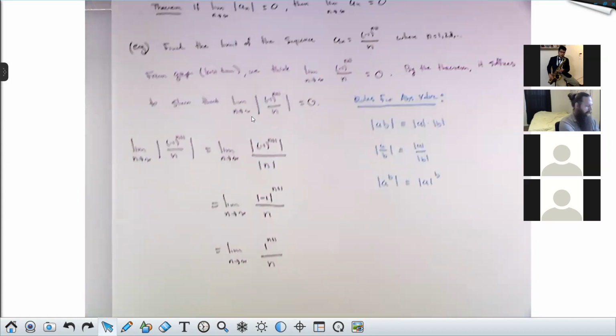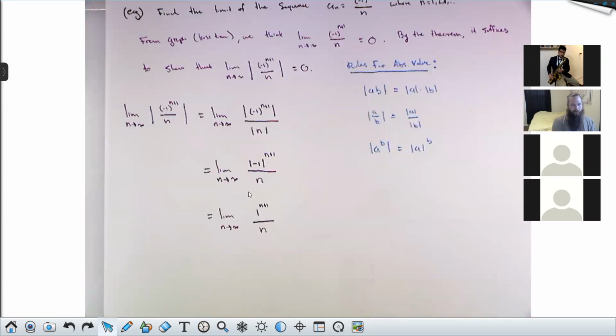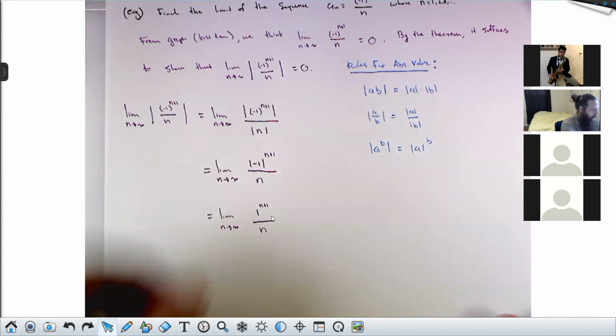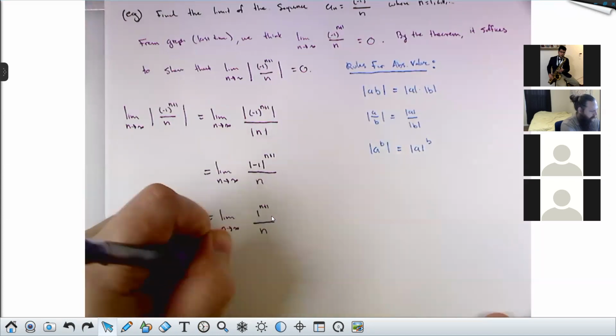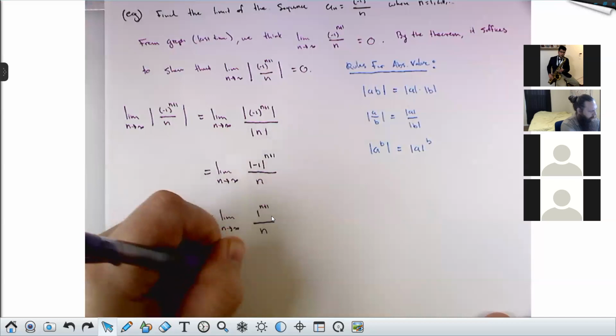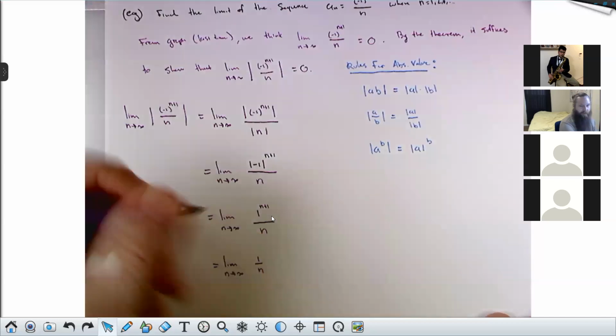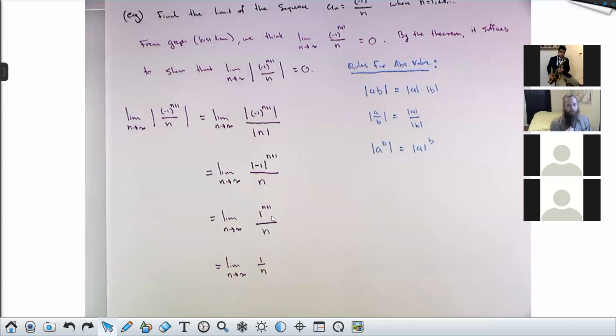Now forget about the limit for a minute. What is 1 to the n plus 1 for any integer n? If I take 1 and I raise it to a positive power, I always get 1. So this limit is actually the limit as n goes to infinity of 1 over n. And that's a limit we know, right? What is the limit as n goes to infinity of 1 over n? See it in chat maybe?